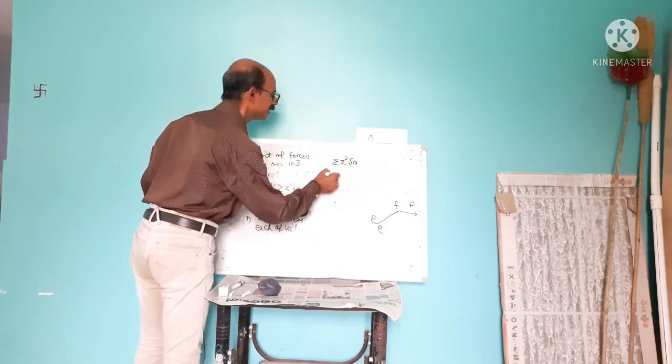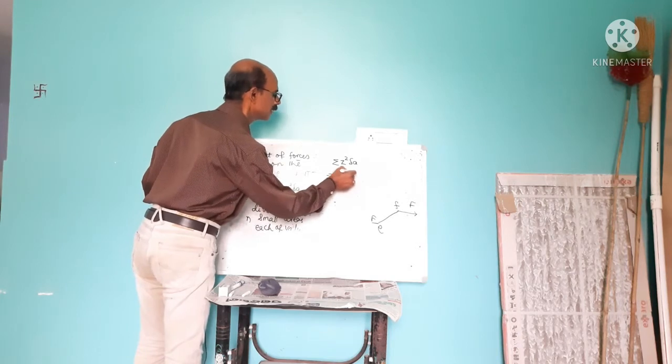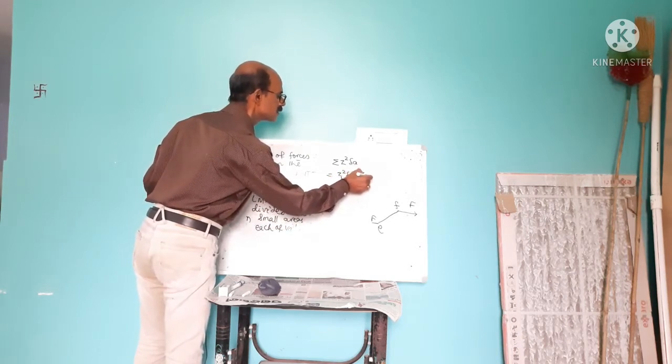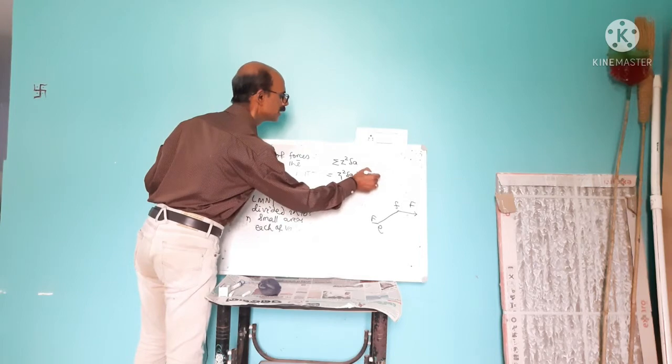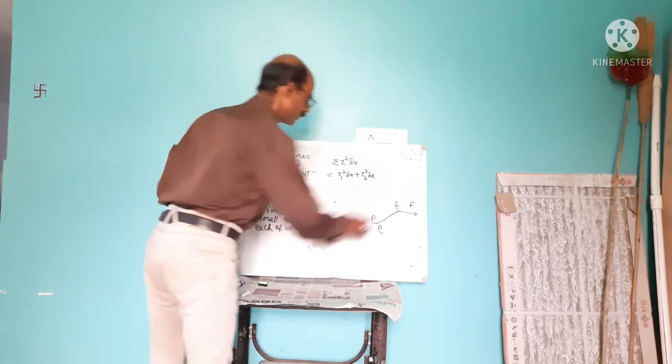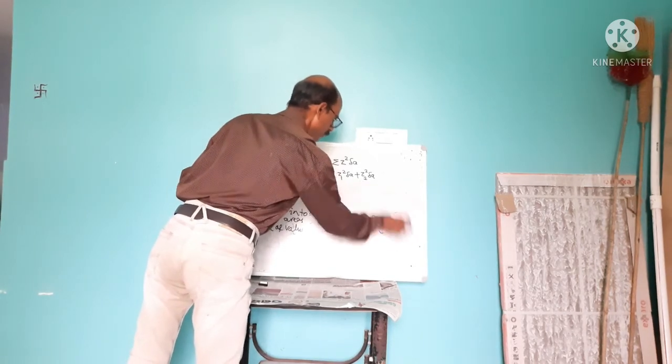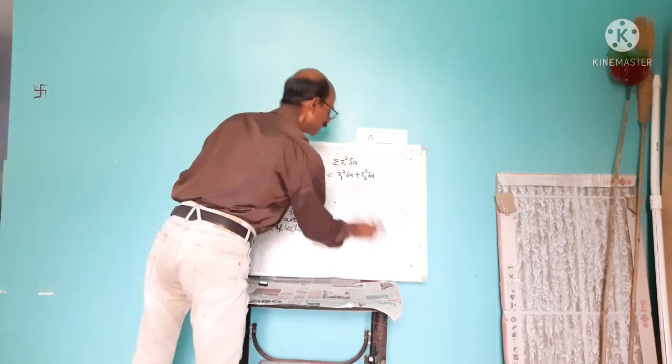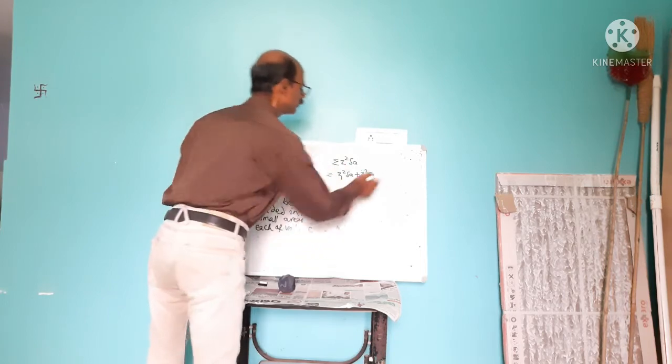We can write it as Z1 square delta A plus Z2 square delta A, each of the same value of area. Therefore, we are writing delta A in each term.